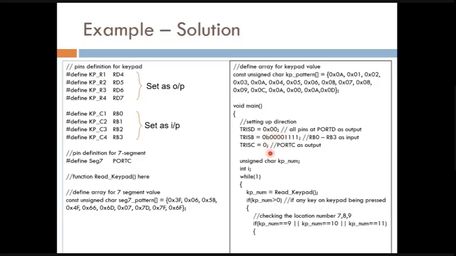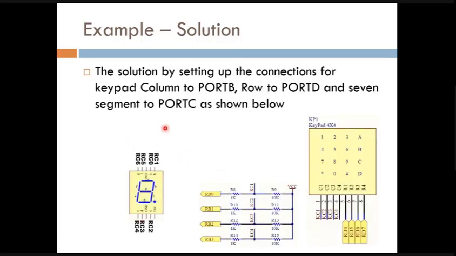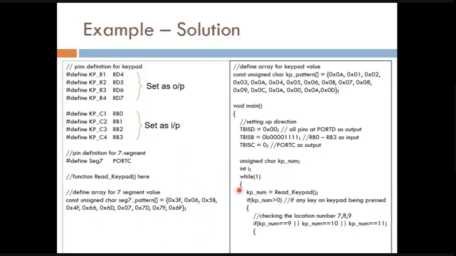And for TRISC, you set it as output, since you are using it to connect to the 7 segment. Then declare a variable, char type, unsigned, and call it KP_num.